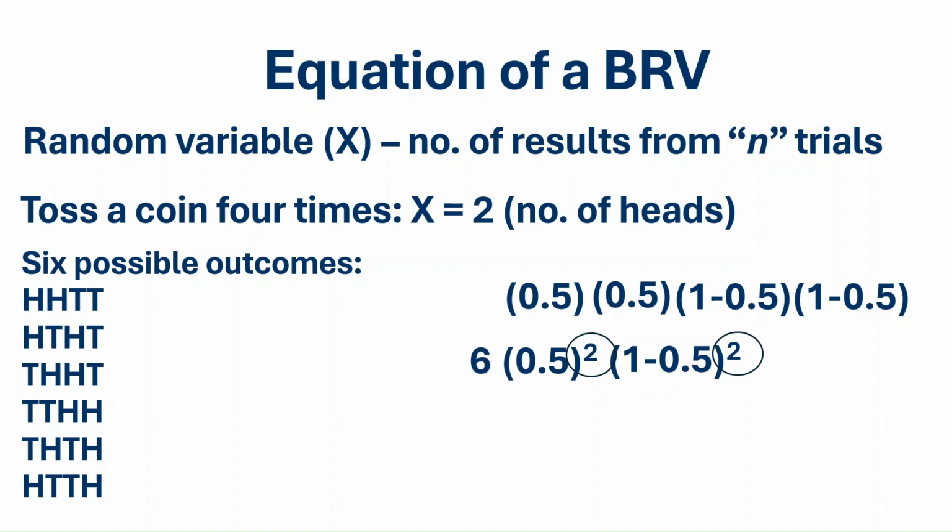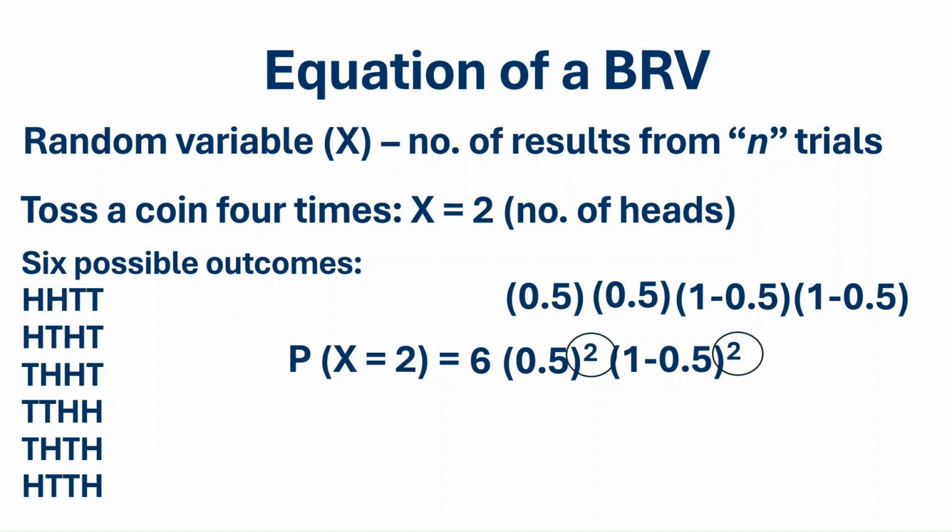So please watch my last video on the difference between permutations and combinations to understand how we are using 6 in this particular scenario. So this resulting equation corresponds to the probability of getting 2 heads if we toss a coin 4 times.